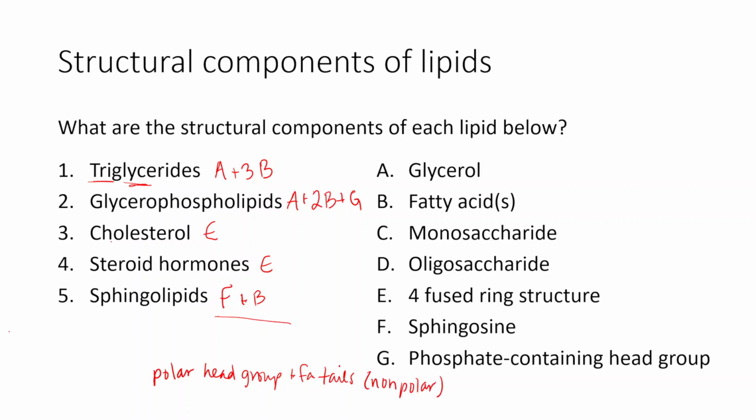The specifics of what all those things are does vary, but every lipid component of a lipid bilayer is going to have those components. And this makes them amphipathic, right? They have some nonpolar part and some polar part.